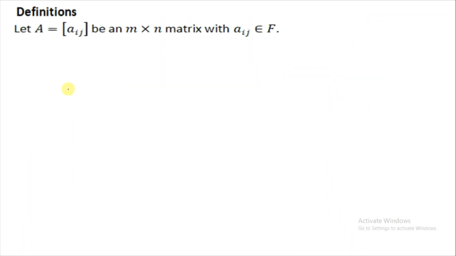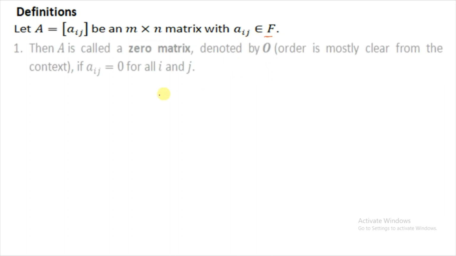Now some definitions. Let A be an M by N matrix with entries from some field. If all entries are zero, then A is called a zero matrix. It's denoted by 0. The order is mostly clear from the context.